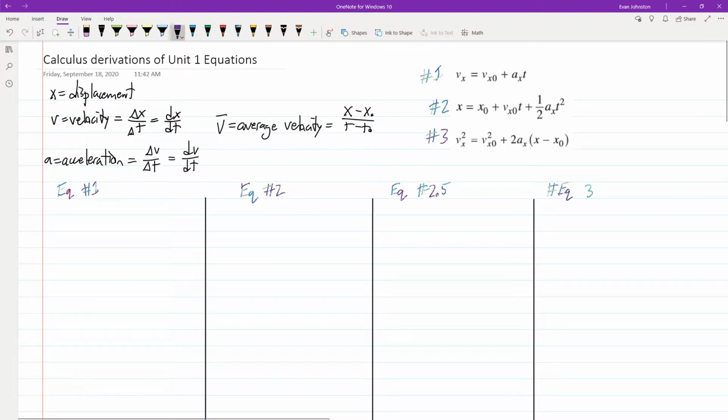So I've used my rainbow pen here to number them. We have equation number 1, 2, and 3. And maybe we're getting a little familiar with them, or we've at least seen how they work a little bit. We have to go back to our basics. We know that x really here is our displacement. I think on your equation sheet it says position. Velocity is the rate of change of displacement per time.